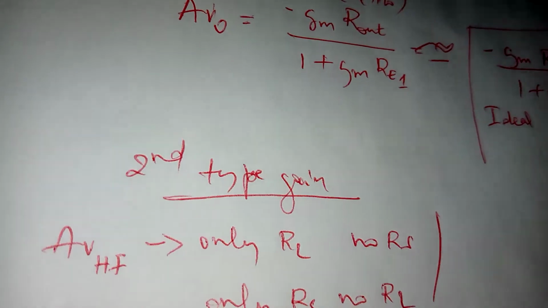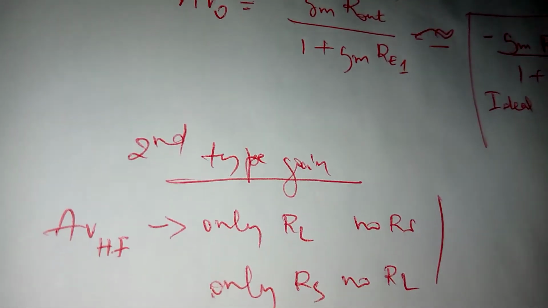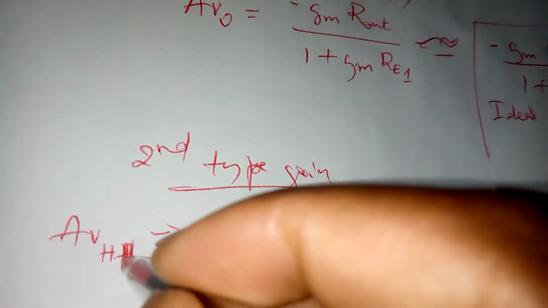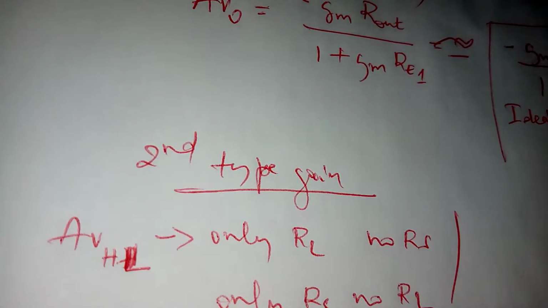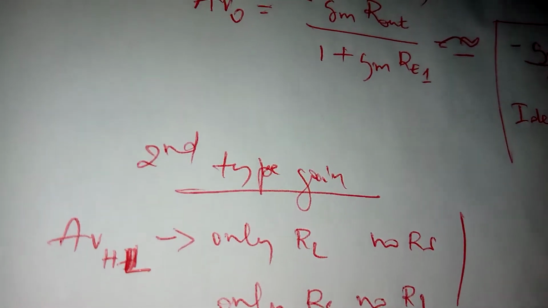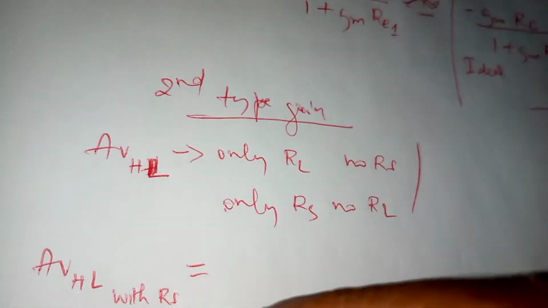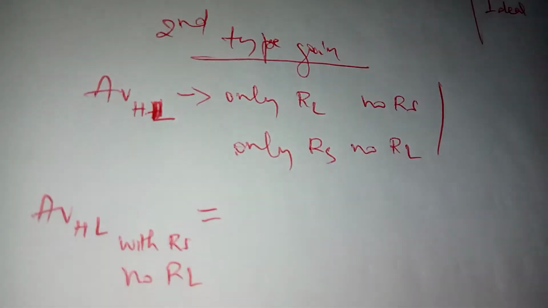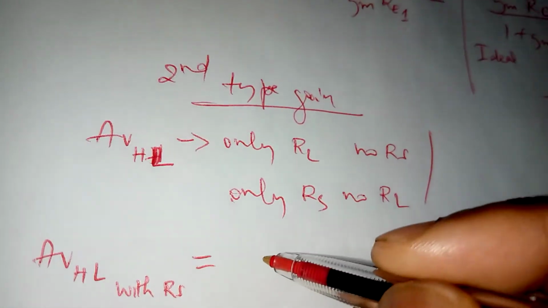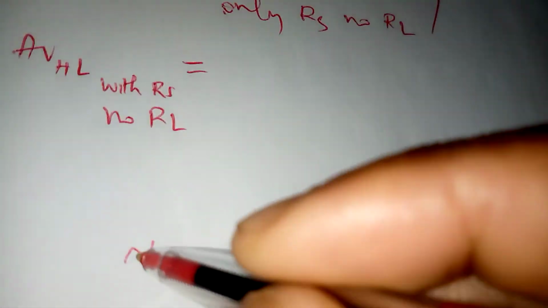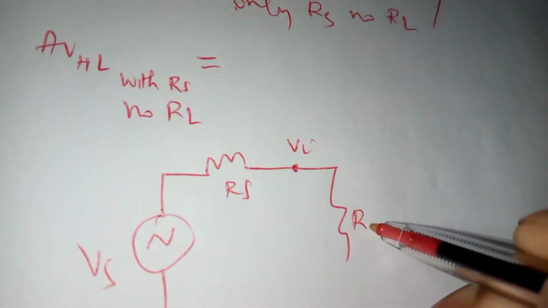So let's start with the half-loaded gain with RS, so no RL. With RS and no RL, as we go from VS, we go through RS, and then only we find VI, and then Rin.